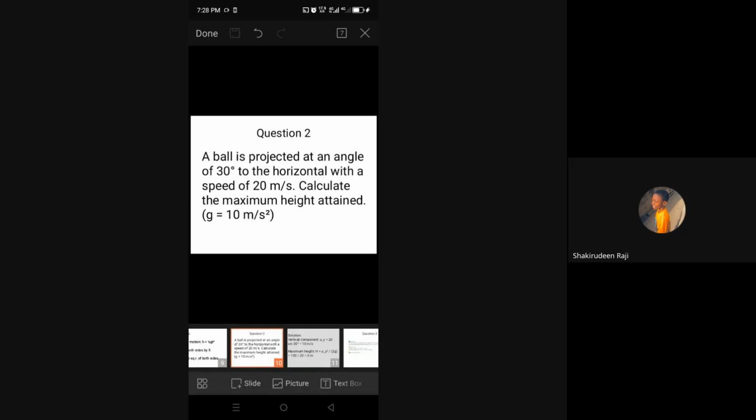Just write the formula, put in the values. That is all. What's your answer?